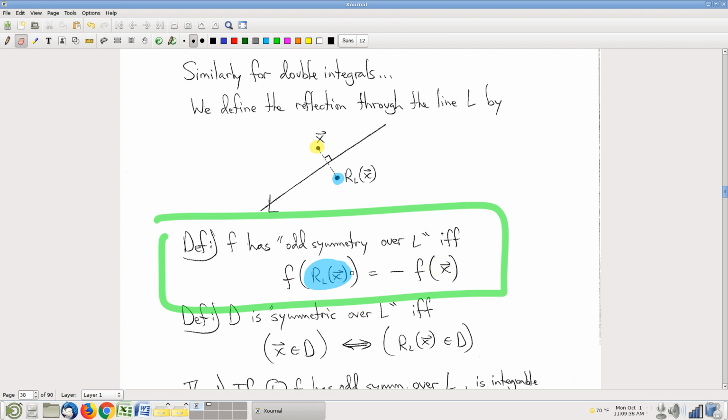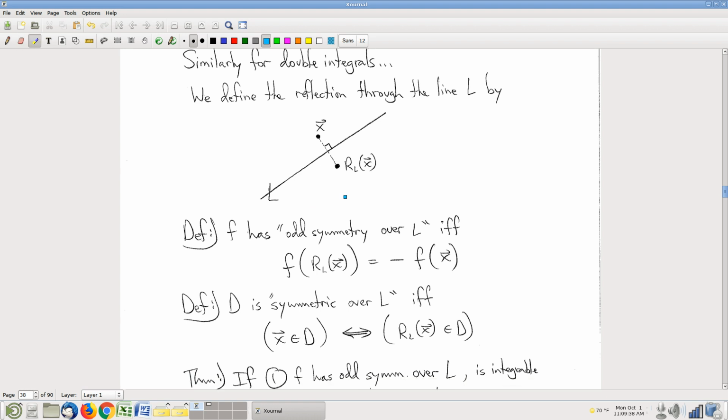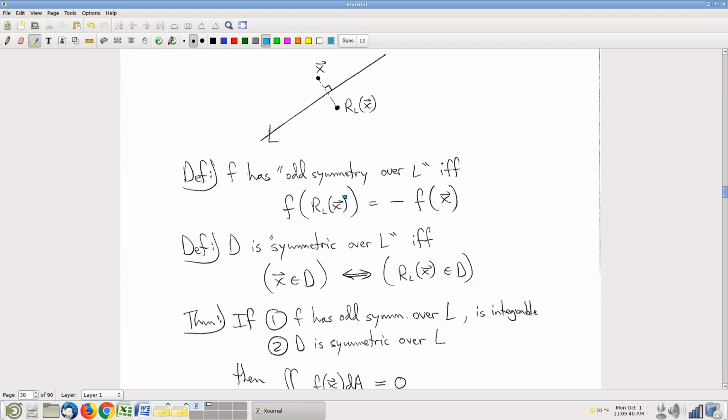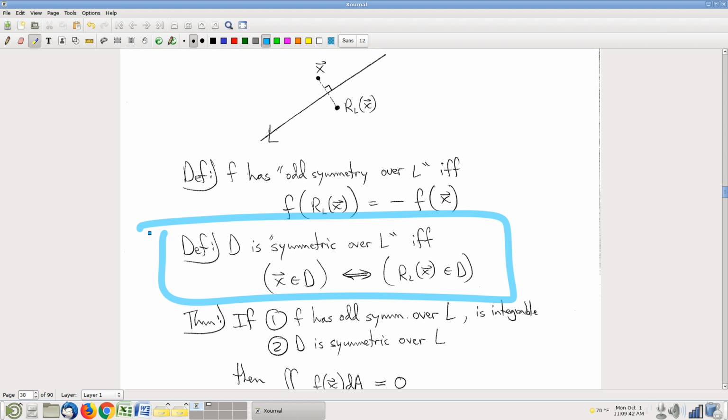Analogously, we can talk about what it means for a domain to be symmetric. The domain is symmetric if it satisfies this condition that whenever you have a point in the domain, its reflection is also in the domain, and that's just another kind of a Rorschach, right? Think about if you're folding over a line on a piece of paper. If you have a point that's in, well, when you fold it over, look at the reflection, that's in as well. It's going to make a symmetric domain. So very similar idea.